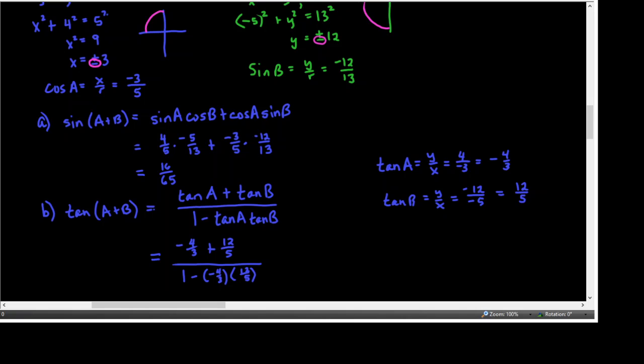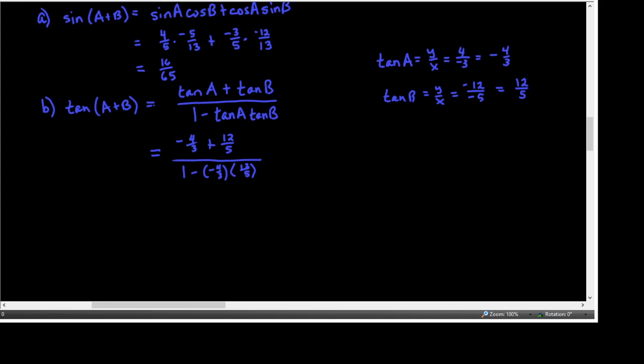So this is a complex fraction, and we talked about that a few minutes ago in an earlier recording, I believe. And I'm going to find the common denominator of all the little fractions. Well, 3's and 5's have a common denominator of 15, so I'm going to multiply that big fraction by 1 in the form 15/15. So when I multiply negative 4/3 times 15, I get negative 20. And then when I multiply 12/5 times 15, I get 36.